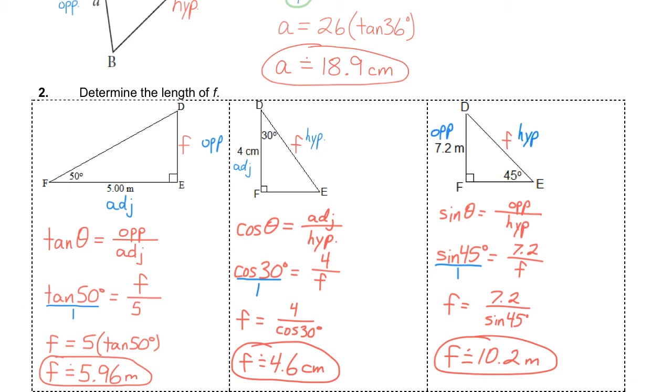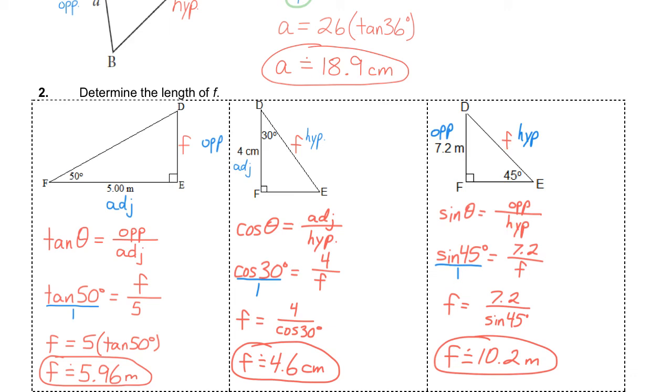And over here, there's my hypotenuse, there's my angle, so that's opposite. I'm using opposite and hypotenuse, so I choose sine because sine theta is opposite over hypotenuse. Theta is 45 degrees, opposite is 7.2, hypotenuse is f.